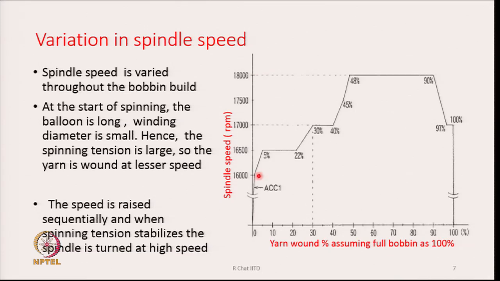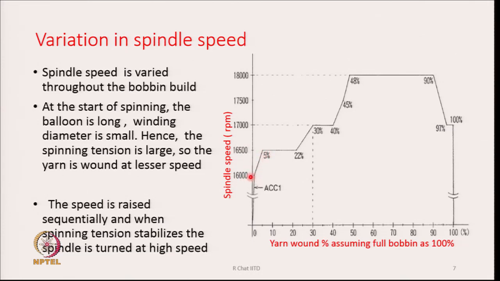So, we will start at a very low speed of maybe around 16,000 RPM, and then gradually increase the speed. First jump is a 5% change in speed, then, by the time almost 10% of the bobbin has been built, there is a certain jump in spindle speed.